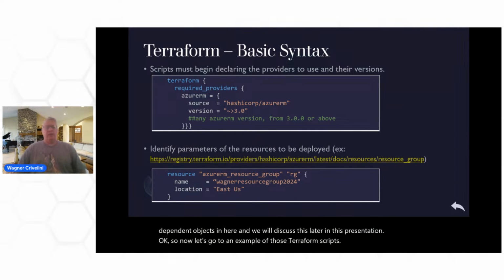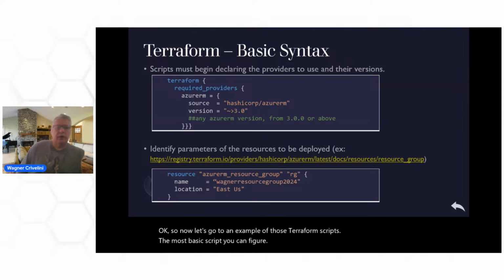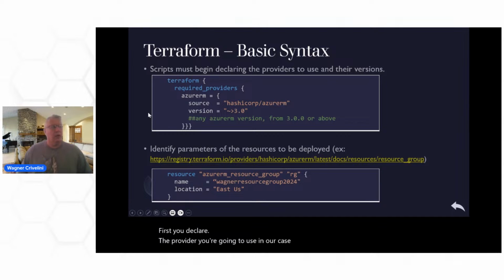The most basic script you can configure is one like this. First, you declare the provider you're going to use. In our case, it is HashiCorp Azure RM. Then I am telling which Azure RM versions I can use for this deployment.